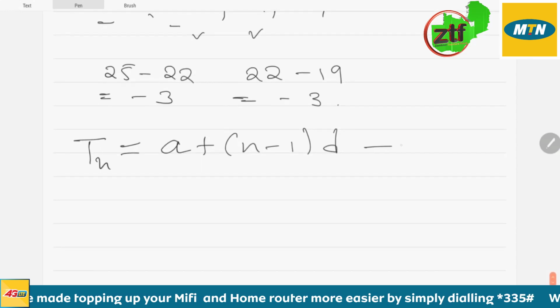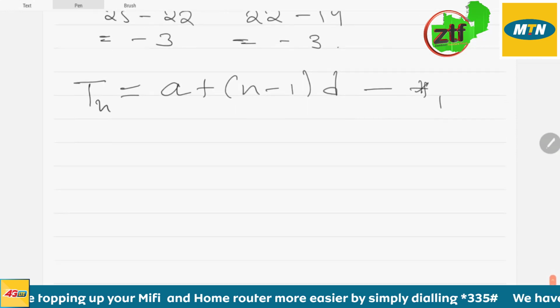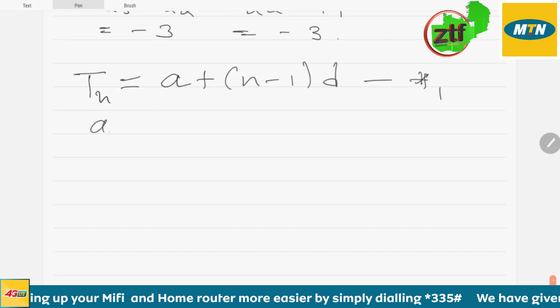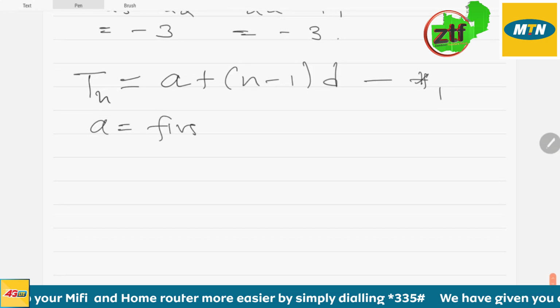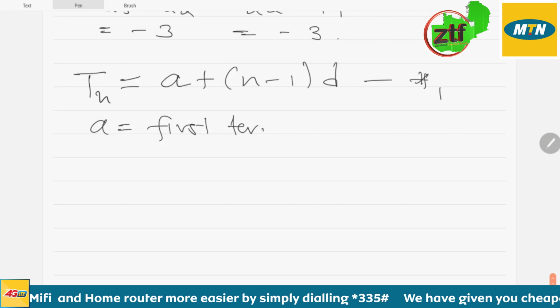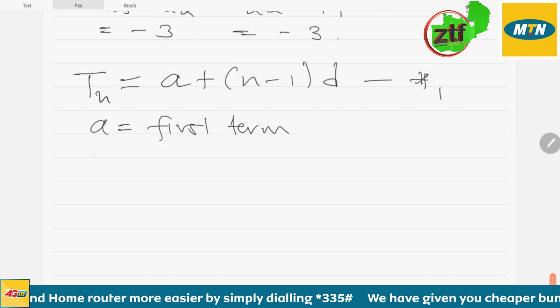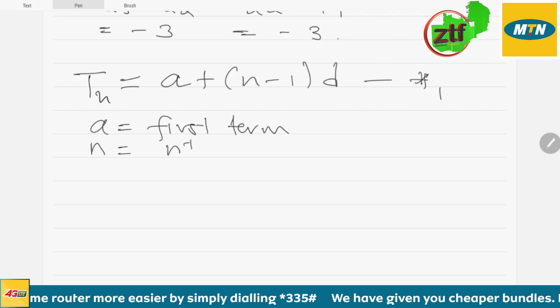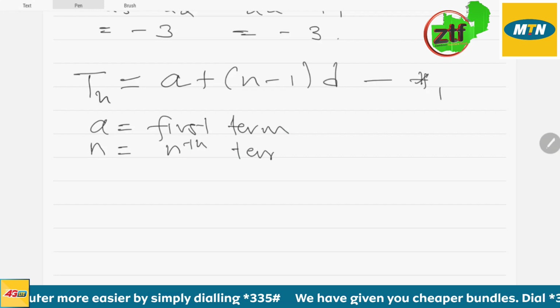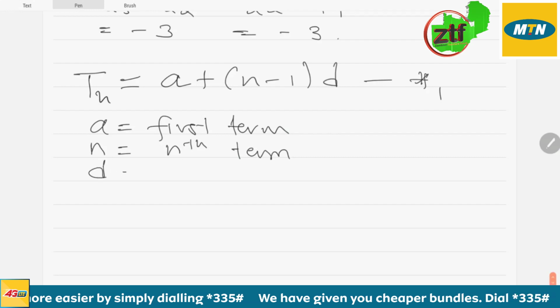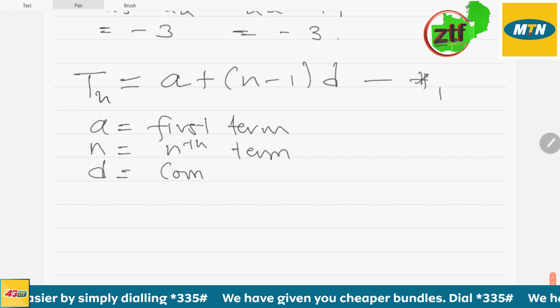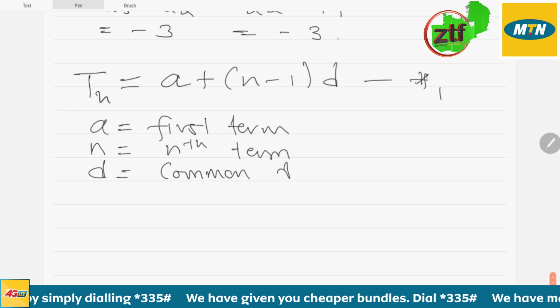So we have star 1 here, where a is the first term, n is the nth term, and d is the common difference.